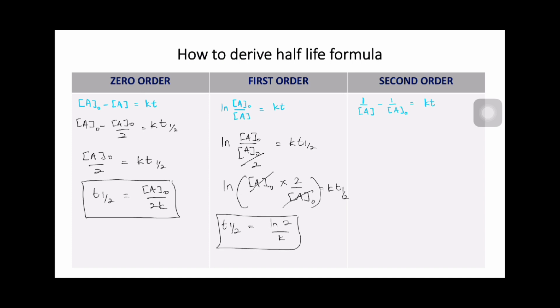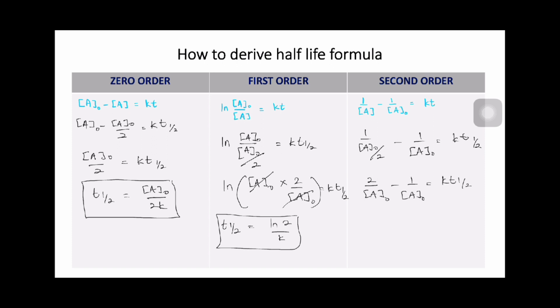Next, let's try for second order. 1/(A0/2) minus 1/A0 equals to KT half. Then 2/A0 minus 1/A0 is equals to KT half.